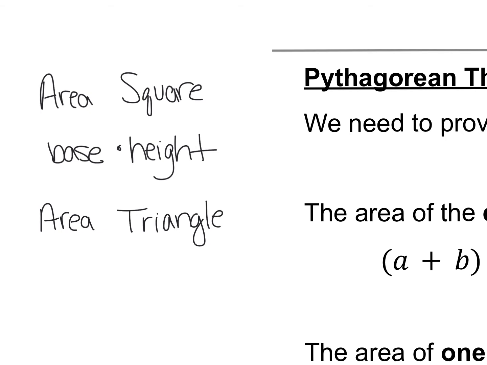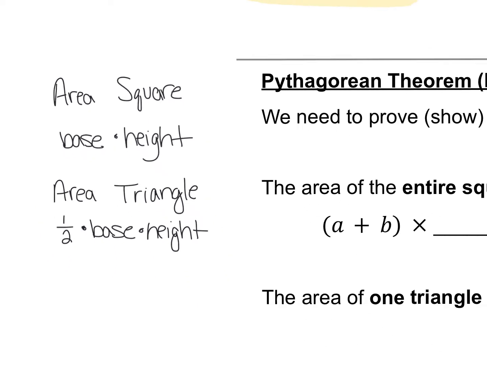And that is the same thing, except we're going to divide it by 2, or take 1/2 times the base times the height. So we are going to be talking about those as we go through this proof.